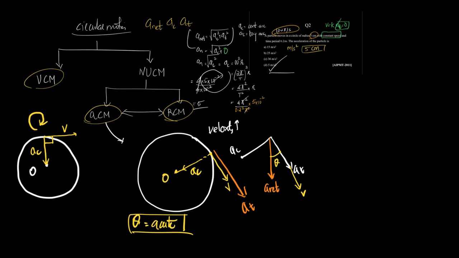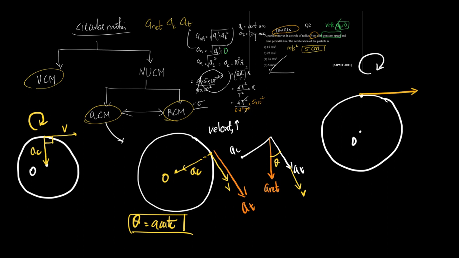Now let us see what happens in retarded motion. When it comes to retarded circular motion, we have an object executing circular motion in this direction. Let this be the center of the circle, and this is the point we are trying to consider. This represents the velocity vector, and velocity here is decreasing.